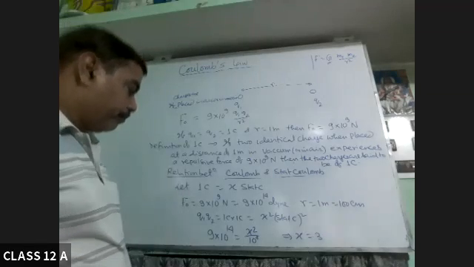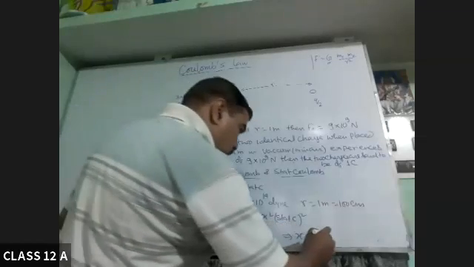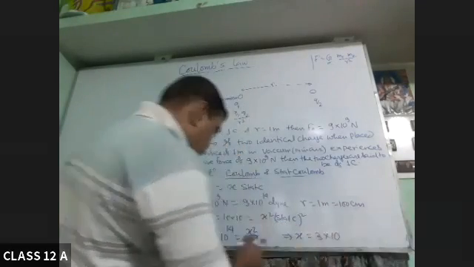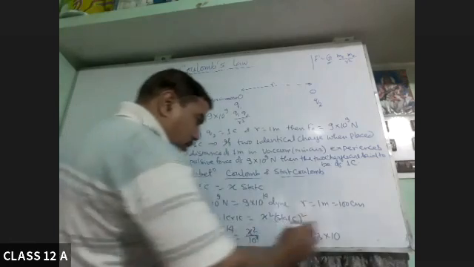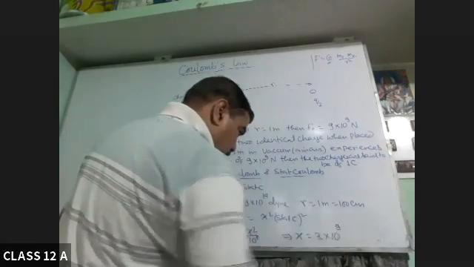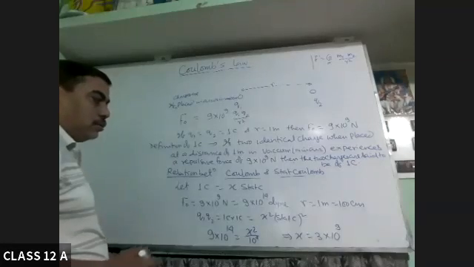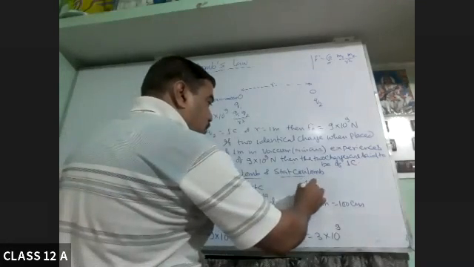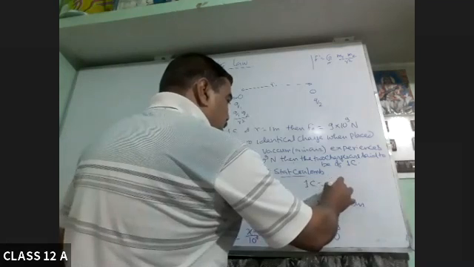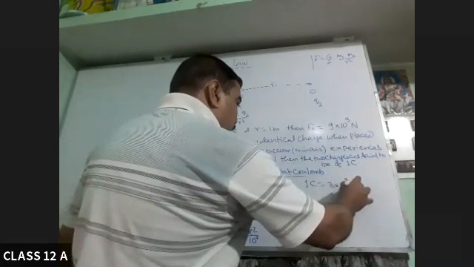Got it? So what is the value of this x? It is 3 into 10 to the power 9. So what does it mean? This 1 coulomb will be 3 into 10 to the power 9 stat coulomb.